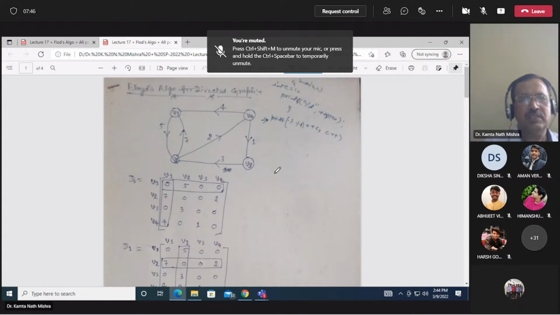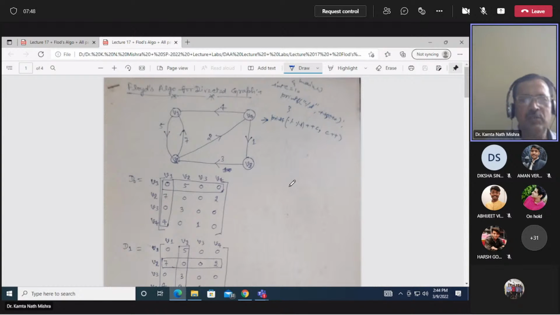So remember, we have implemented these rules. Rule 1 was zero plus zero, no change. Second rule was non-zero plus zero, no change. Third rule was zero plus non-zero, no change. Fourth rule was non-zero plus non-zero equal to change, and in the fourth rule you select the smallest path.